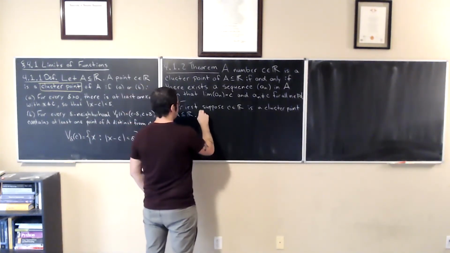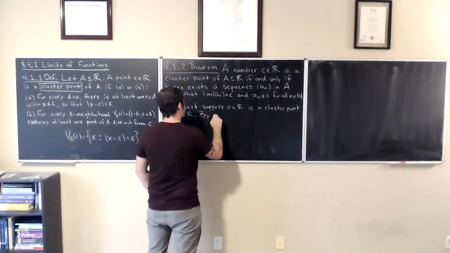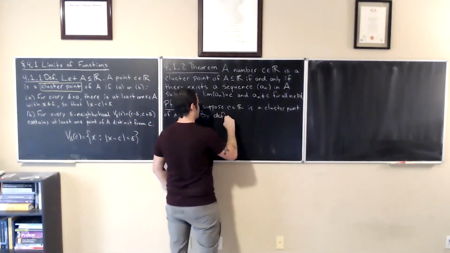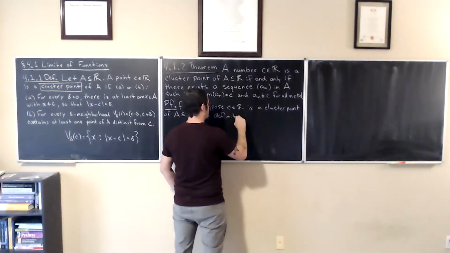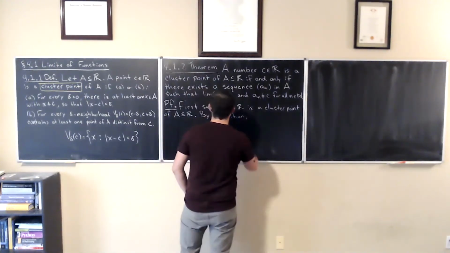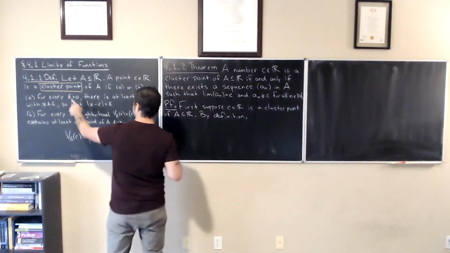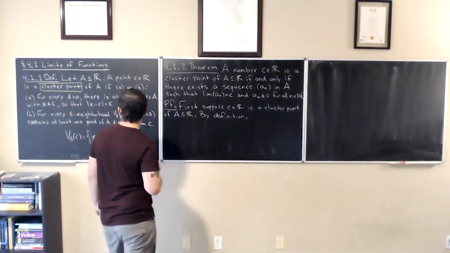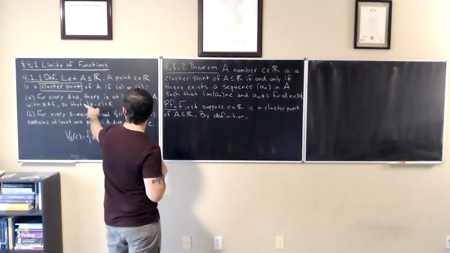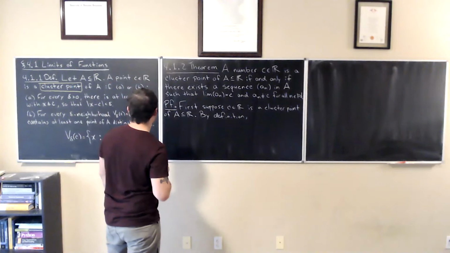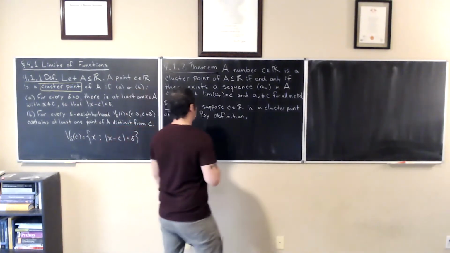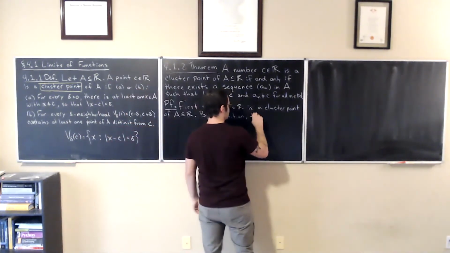So by definition, for every choice of delta greater than 0, we can find a point different than C that's within that distance to it and also give it a name.